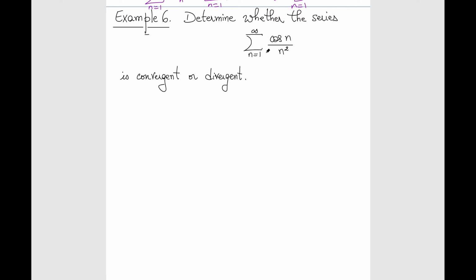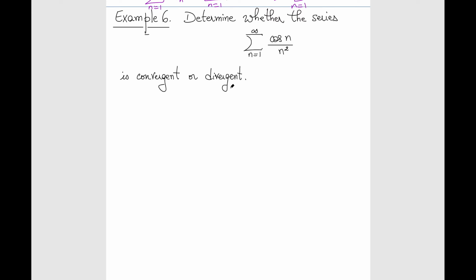If we manage to show that the series with the bars is convergent, which means this series is absolutely convergent, then the series is going to converge by the previous theorem, because every series which is absolutely convergent happens to be convergent. So that's what we're going to do.